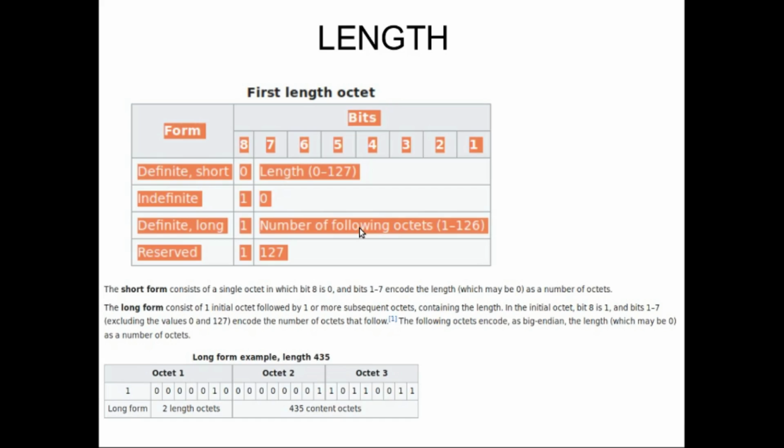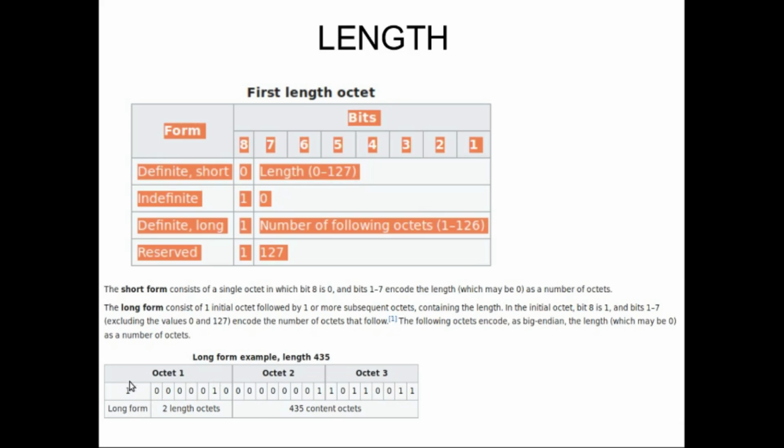So these say how many bytes are coming which give the value of the length. Similarly, 127 is reserved. This is called the long format. In the short form you have everything in 1 byte itself, up to 127, but if you have a bigger length then you have to use the long form.